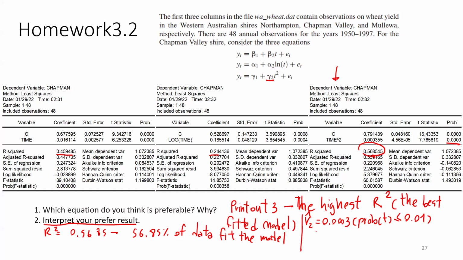It indicates that if time square increases by 1, Y, which means yield, increases by 0.0000355, significant at the 1% level.